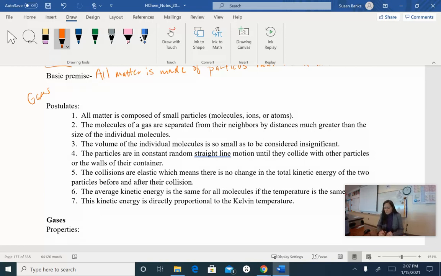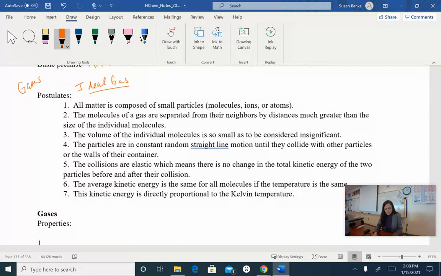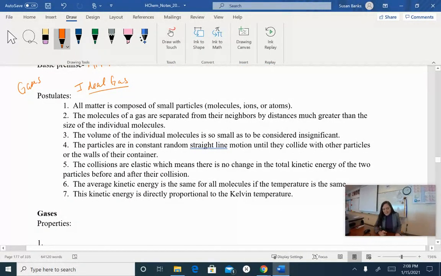But they definitely do apply to the idea of what we think of as an ideal gas. Things that follow the rules or the laws. Okay. So here are our postulates or our main ideas that we're basing this theory on.